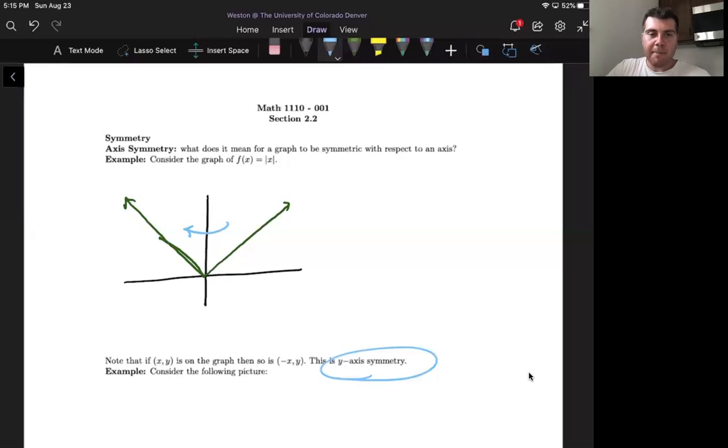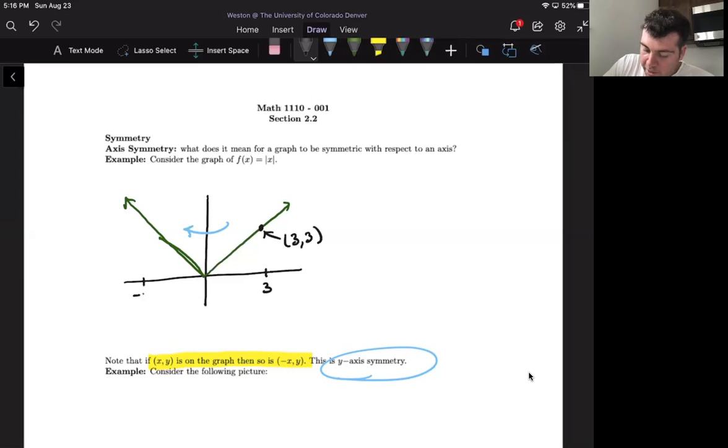And there's actually a mathematical way to check if a picture has y-axis symmetry. And that's described down here: if x, y is on the graph, then so is the point negative x, y. So in our case, we see that if we have 3, then this point here is 3, 3.